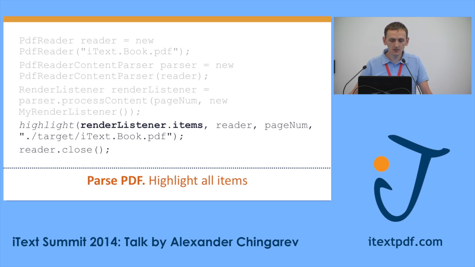But the main thing you should see here is the first parameter which the highlight method takes. This is the items from the RenderListener. This is an instance of my RenderListener, and the items are the items which have been parsed from the PDF page content one line ago.